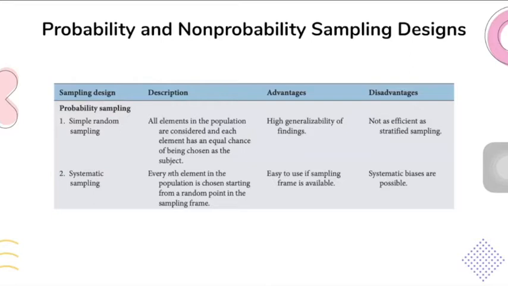Although the generalizability of all non-probability sampling designs is very restricted, they have certain advantages and are sometimes the only viable alternative for the researchers. Here is the comparison and contrast of probability and non-probability sampling designs.